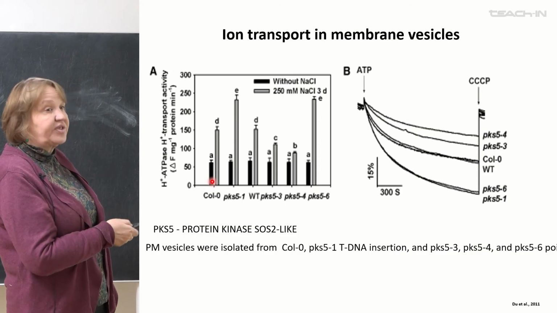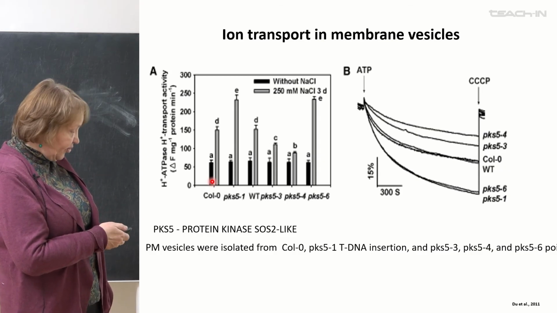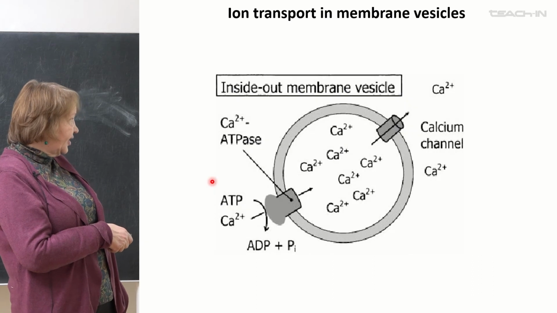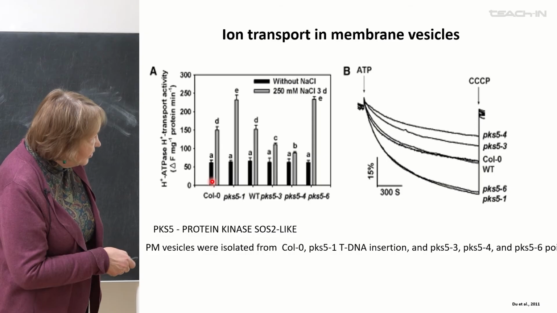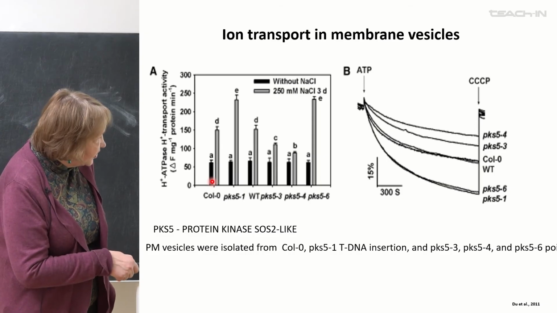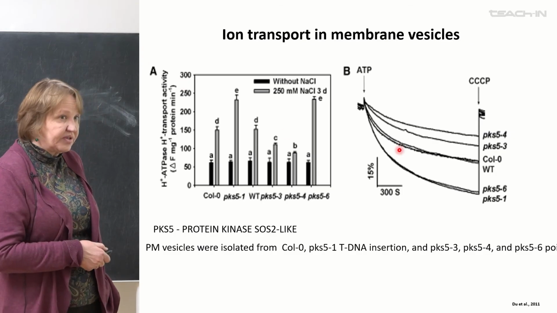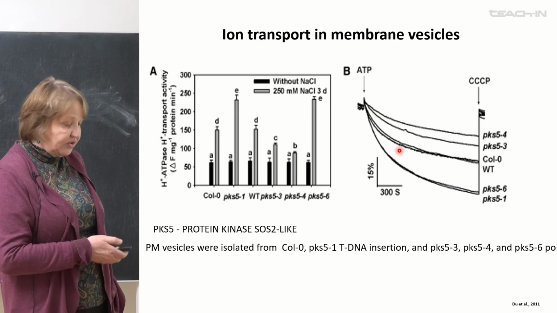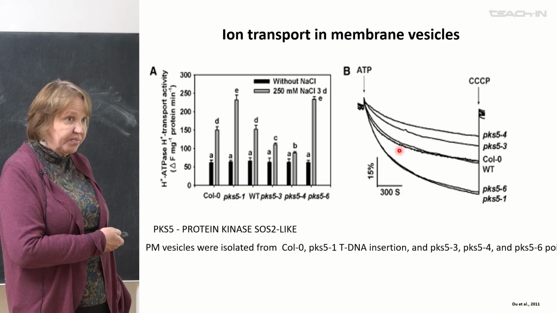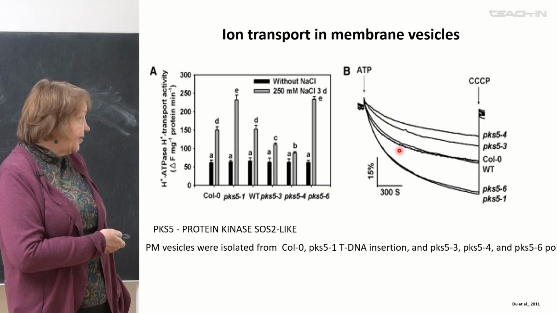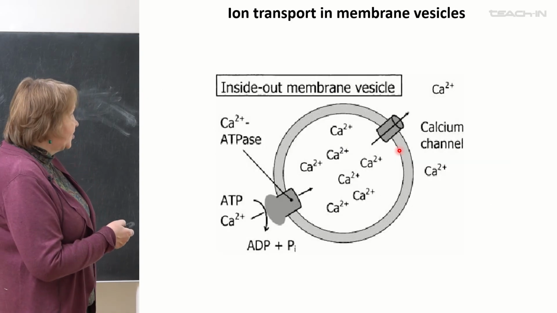All right, and you see the mutants in this protein kinase. So it's like, depending on the type of mutant, it inhibits or activates the process. Yeah. So it is likely to regulate somehow the ATPase. So this is ATPase.